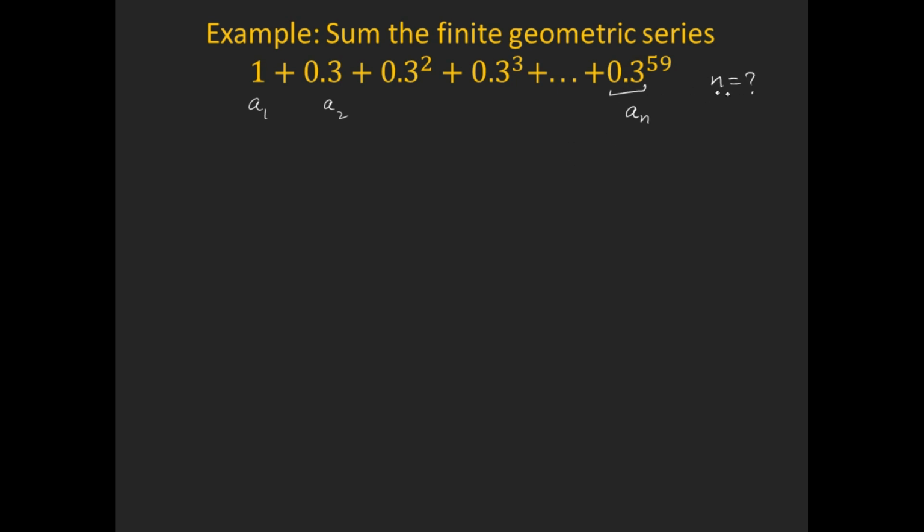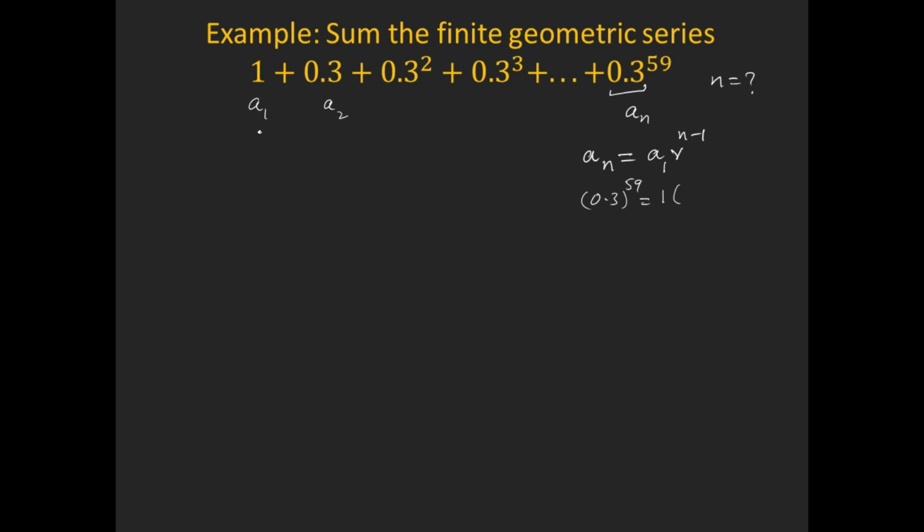How will we find the value of n? This is the nth term, and we know that for a geometric sequence, the nth term is found like this: an is equal to a1 times r power n minus 1. An is given 0.3 power 59 and the first term is 1. So 1 multiplied by r. What is r?